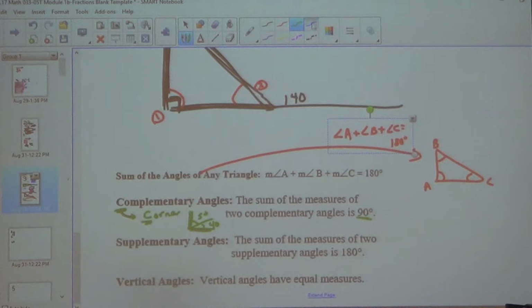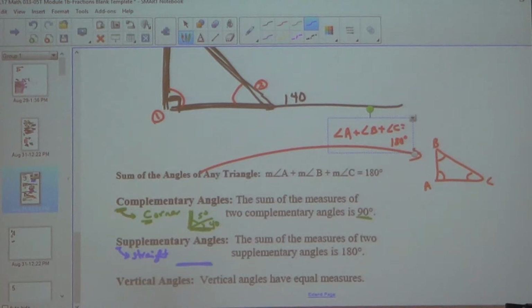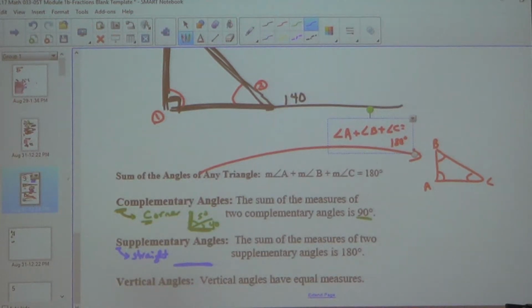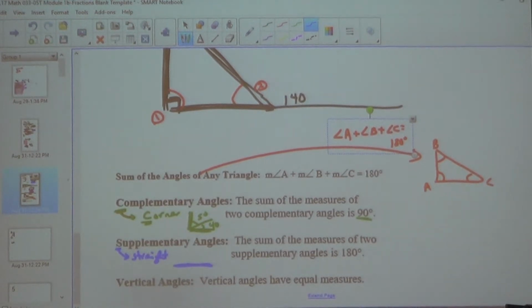Supplementary angles, the S in supplementary means it makes a straight line. How many degrees are in a straight line? 180. Okay, well, how many degrees are in this? 90.